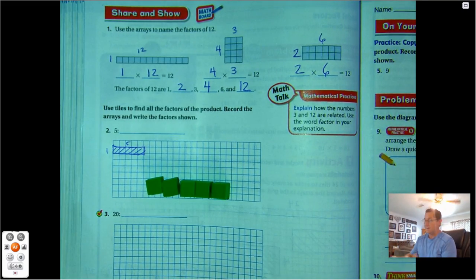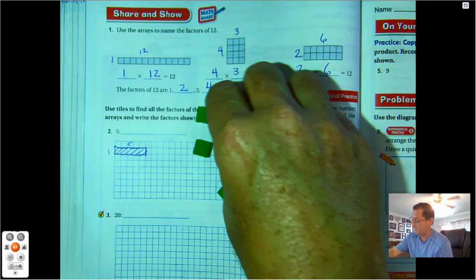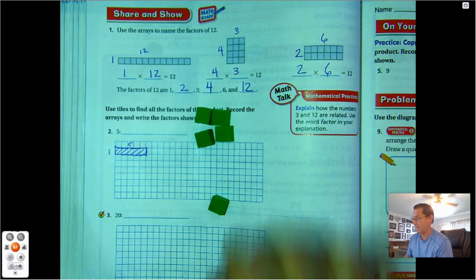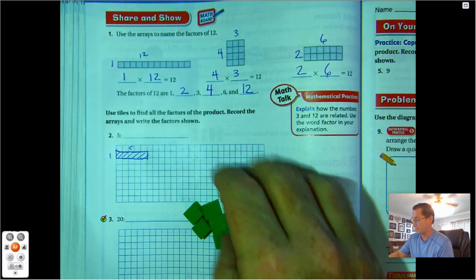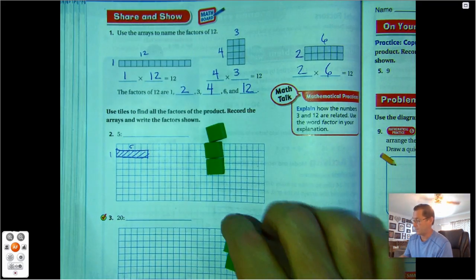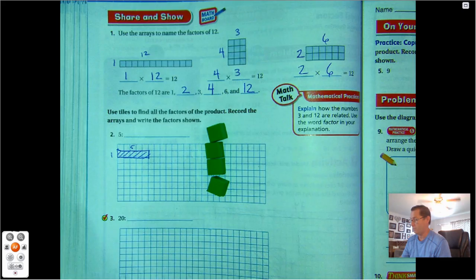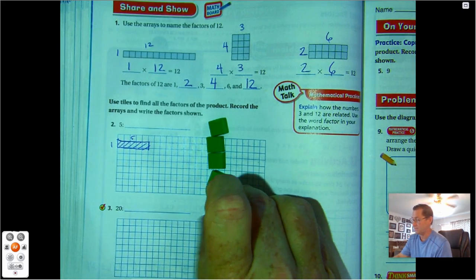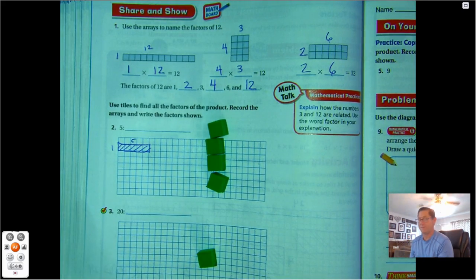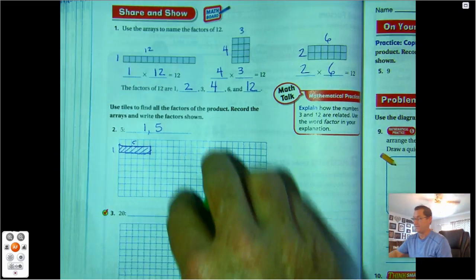Can I put 2 in a row? 2, 4. No, I have an extra one left over, so 2 won't work. How about 3? No, that won't work. How about 4? No, that won't work. 5, yes, that works. Definitely can't do 6 because I only have 5. So we only have 1 and 5 as factors for 5.